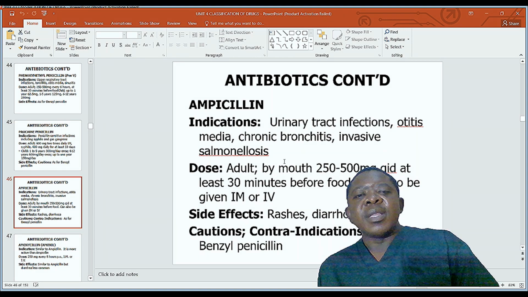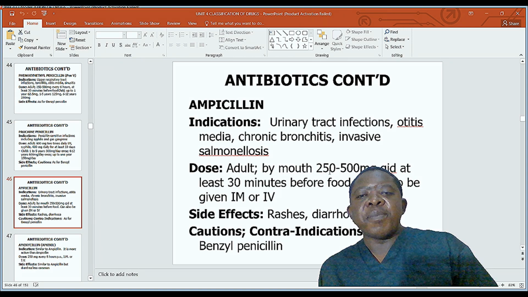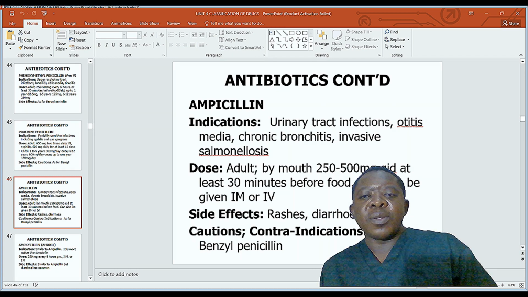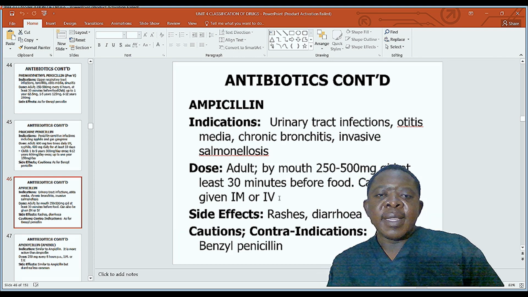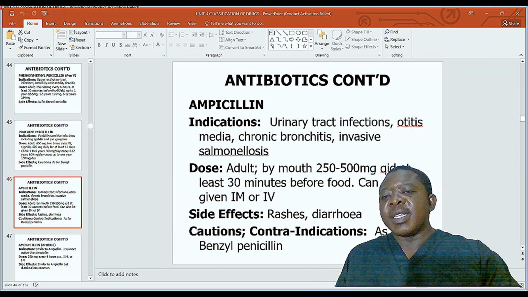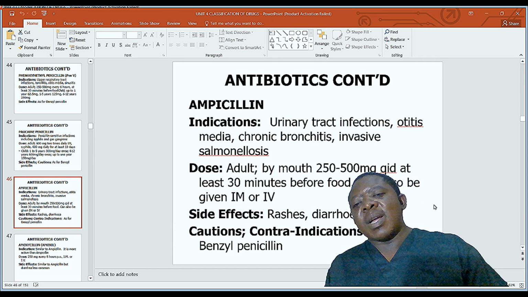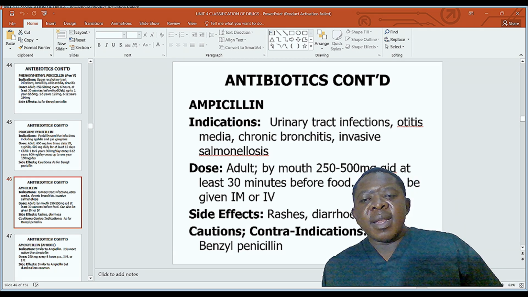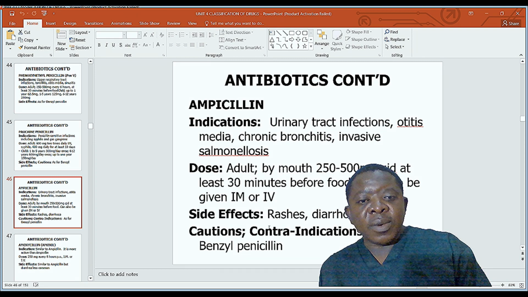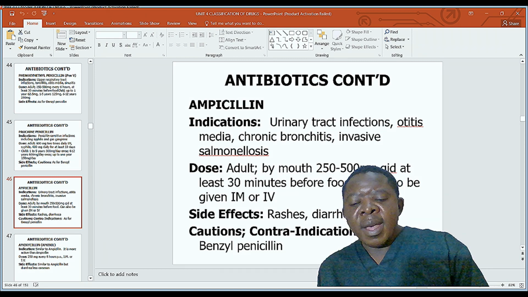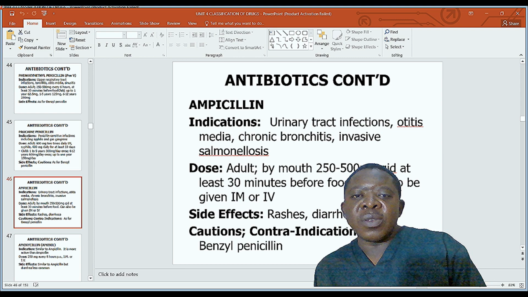The dose for adults, it can be by oral 250 to 500 milligrams given 4 times a day, at least 30 minutes before food, and can also be given intramuscularly or IV. Side effects are rashes, diarrhea, and the caution or contraindication is as for other penicillin to do with hypersensitivity to penicillin.